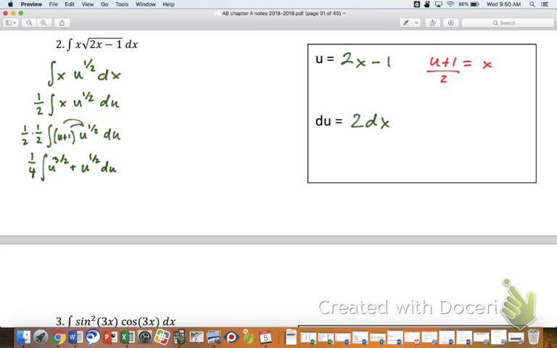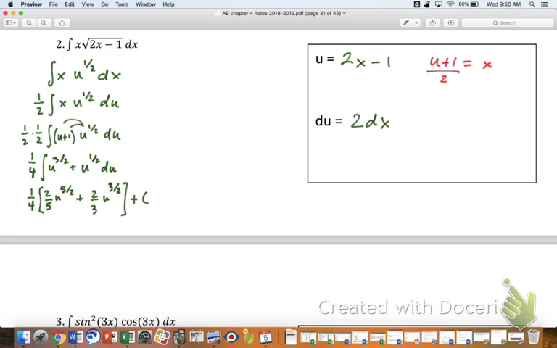Okay. All right, so let's do our antiderivatives. So it'd be 1/4 parentheses, u to the 5/2 times 2/5 plus u to the 3/2 times 2/3 plus c. And you could leave your answer in a number of forms.